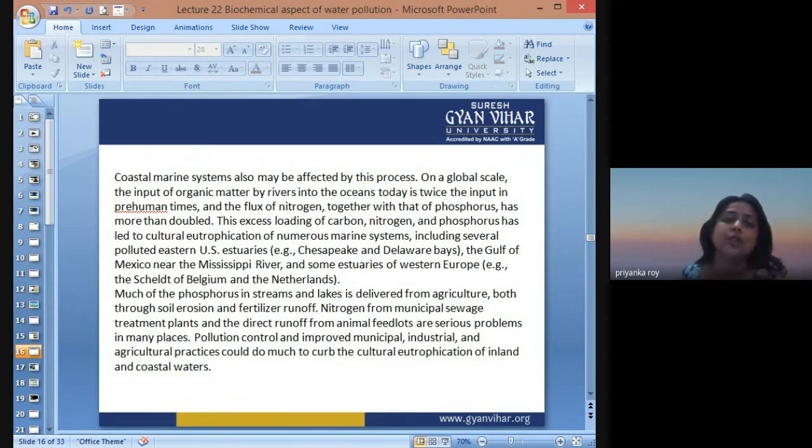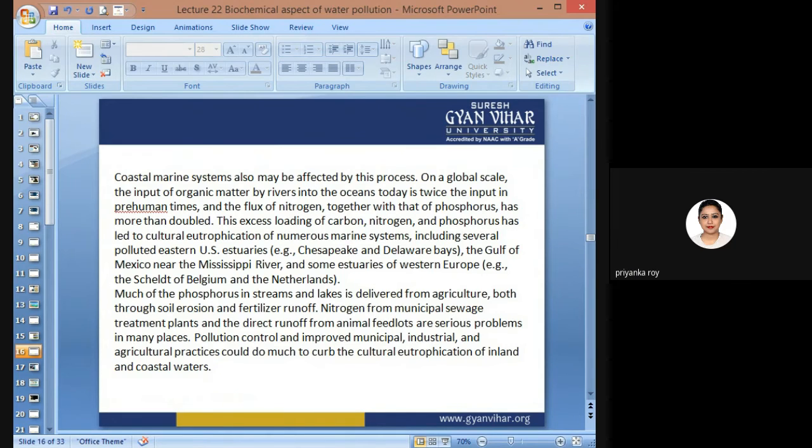So coastal marine systems may be affected by this process. On a global scale, the input of organic matter by rivers into the ocean today is twice the input in pre-human times, and the influx of nitrogen together with that of phosphate has more than doubled.